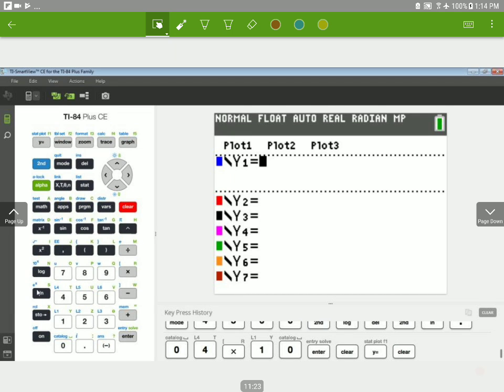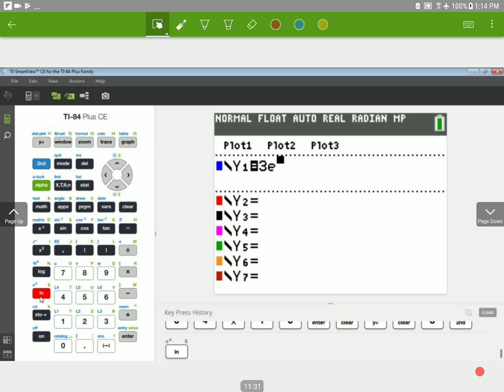The e to the x is down here beneath the ln. So I'm going to go 3, second ln, for that to the x. Cool. Go 3 e to the x. Again, e is down here by the ln. That's probably the one you'll use most. But it's also over here over the divide. But this one doesn't have an exponent. That's the only difference. All right, and then go to the table. So table.